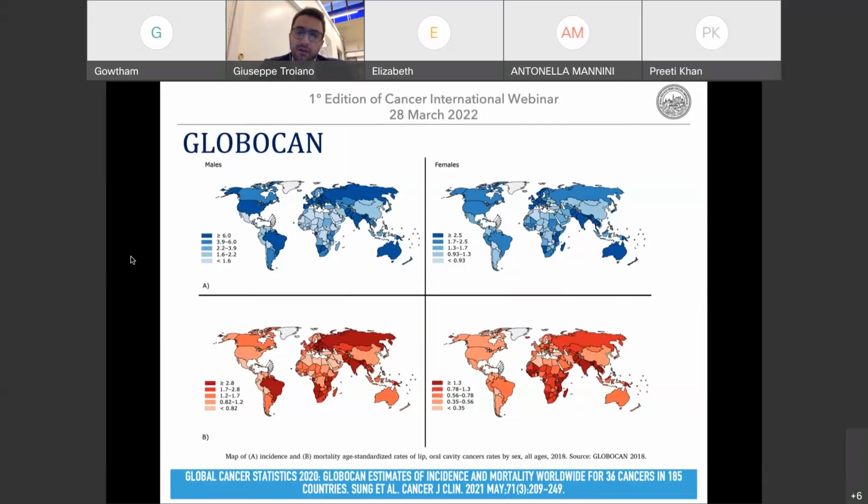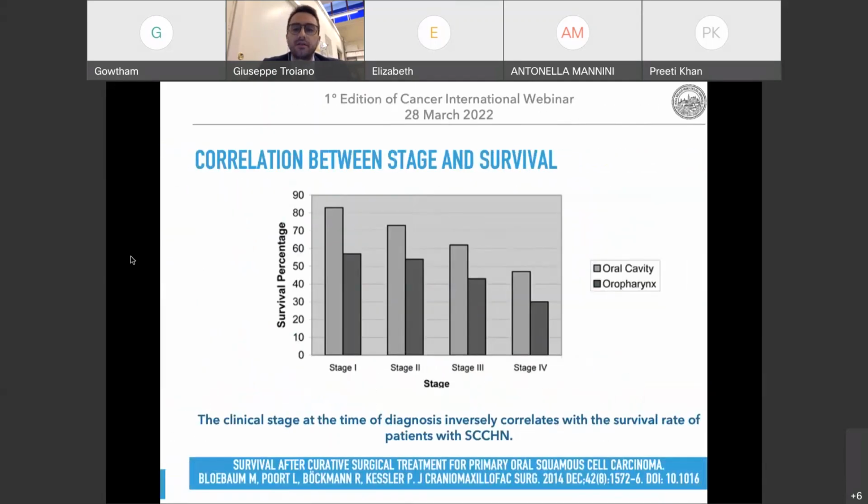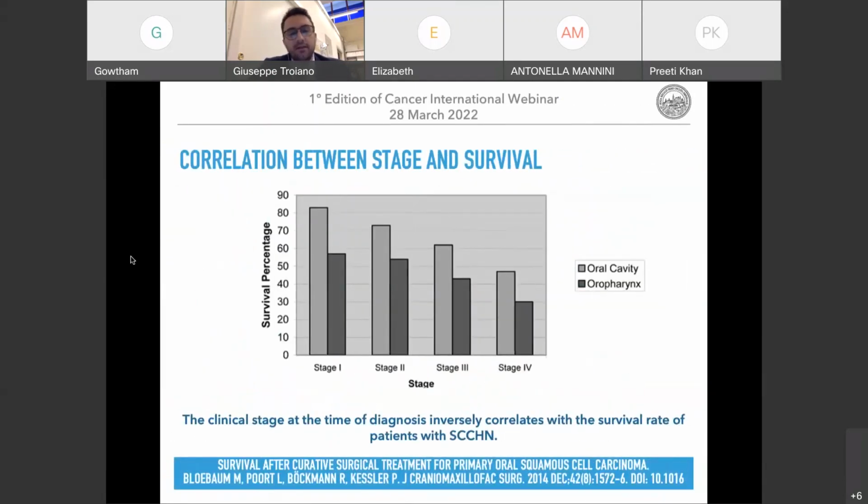and this is also related to the capability of the health system to diagnose very early and treat very early the disease. What we know today is that if this disease is diagnosed at an early stage, the probability of survival for a patient is high, about 80–70% for stage 1 and 2, while it tends to decrease very fast for patients diagnosed at a later stage.